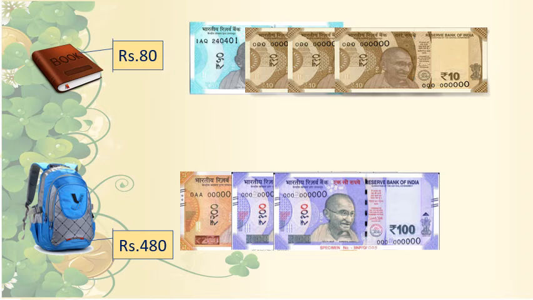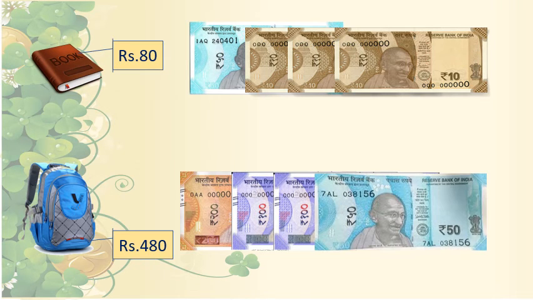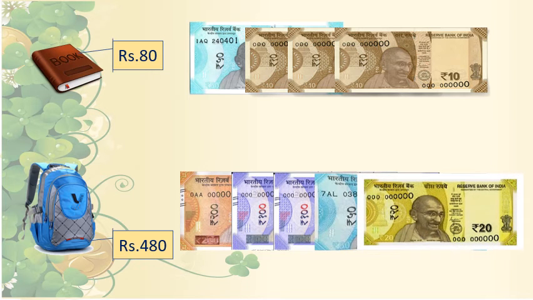One more 100, now 400 it is. Now 50, that is 450. 20 means 470, plus 1 10 rupee note. That became 480, isn't it? Am I right? Okay.